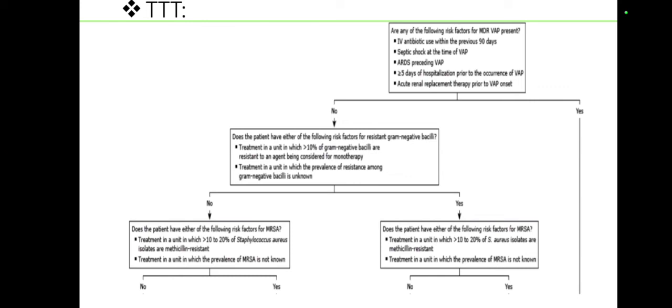But if he didn't, we need to check first for gram-negative bacilli. If he didn't have gram-negative bacilli, we have to check for MRSA.